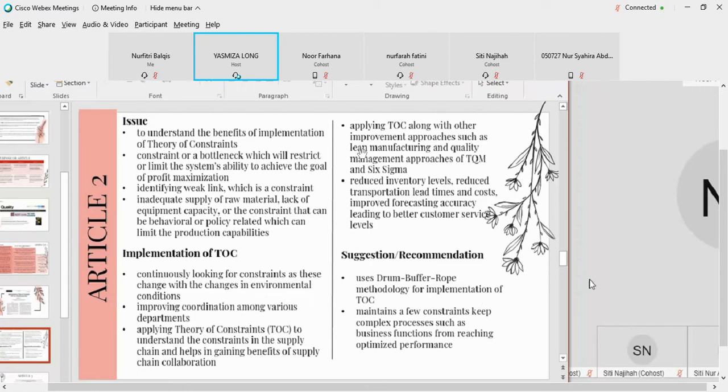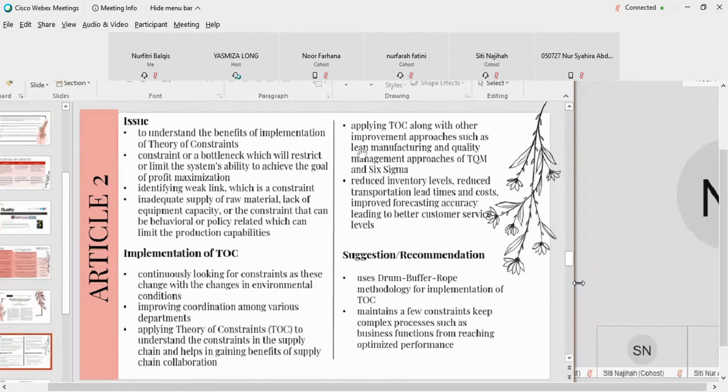Who presented article 2? Who did article 2? Yes, madam. Is the finding that they use the implementation of the theory of constraint in article 2? Yes.